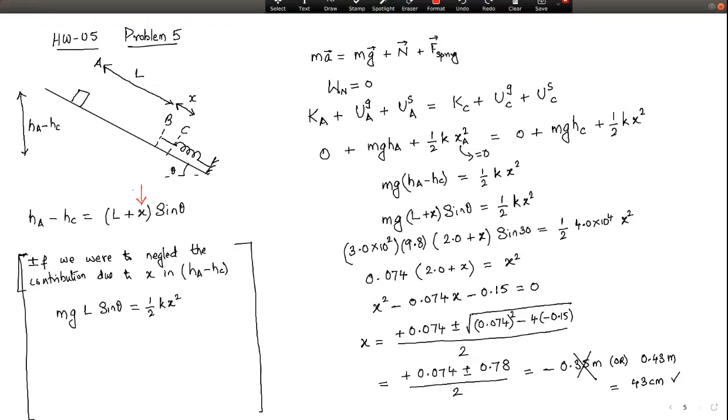We already calculated this number to be 0.074, so we would get 0.074 times L, which is 2.0, to be equal to x squared, and we can calculate x immediately.